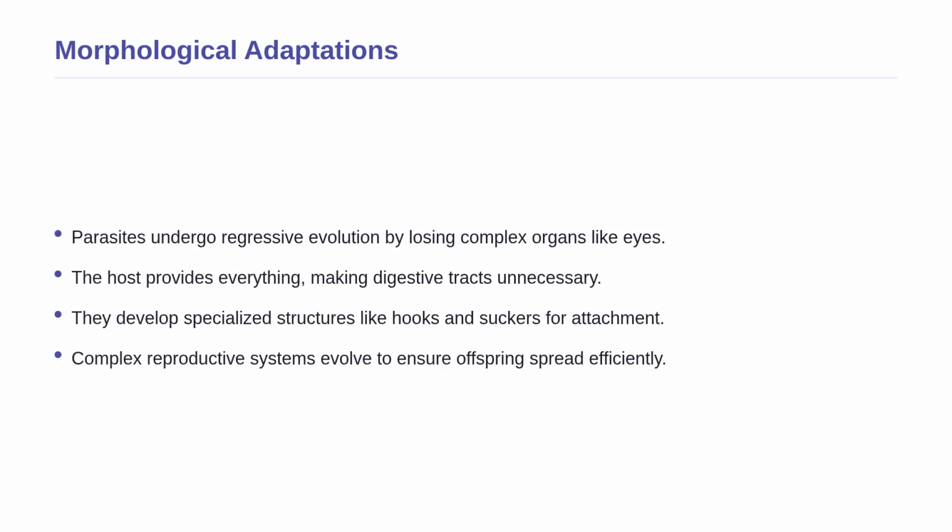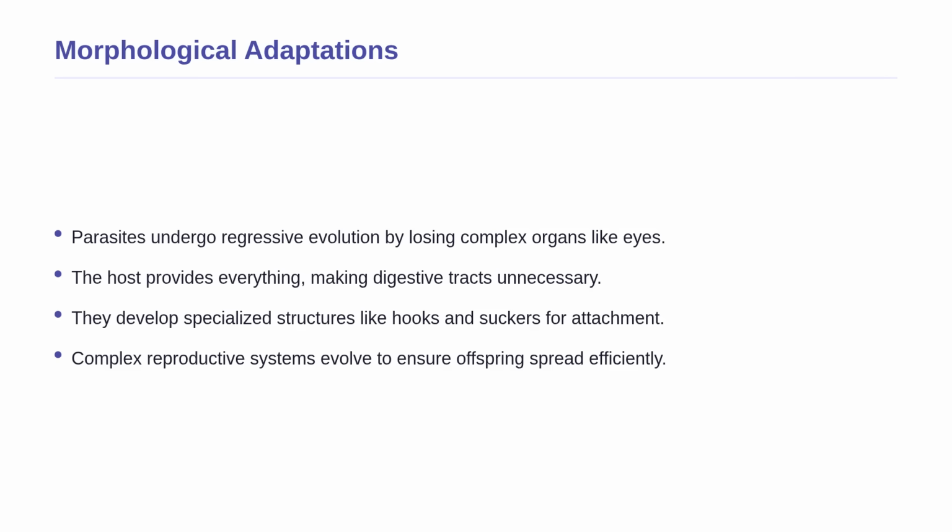Now that we understand what parasitism is, let us look at how it changes the organism physically. This evolutionary pathway involves a series of genetic and morphological changes over millions of years. Parasites often undergo regressive evolution. This means they lose complex organs like eyes or digestive tracts because the host provides everything they need.